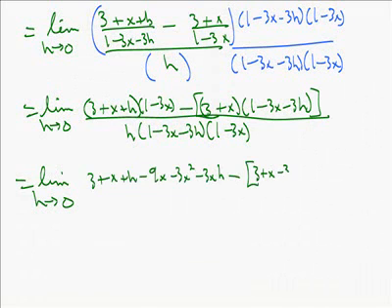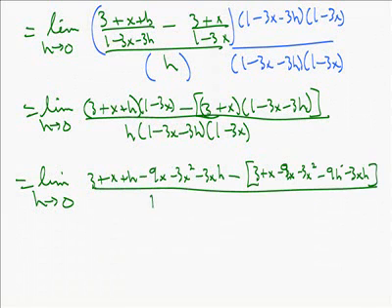The negative 3 through gives me negative 9x minus 3x squared, and the negative 3h through gives me negative 9h minus 3xh. All that divided by h times (1 minus 3x minus 3h) times (1 minus 3x).